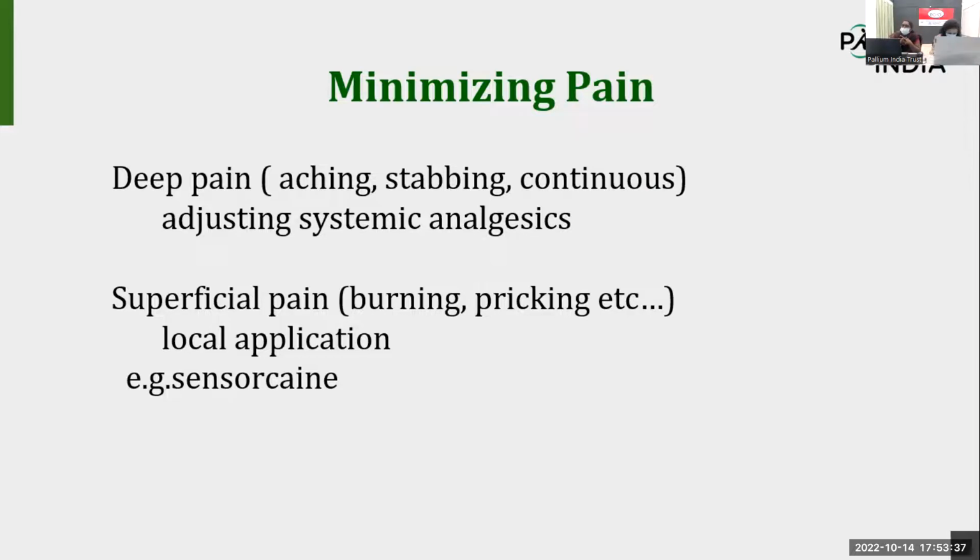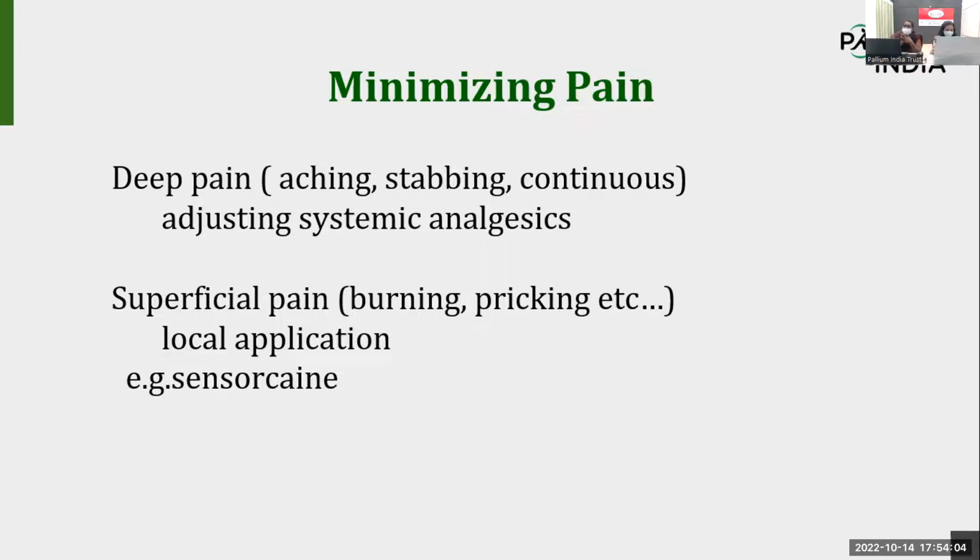In the pain sessions, you learned about nociceptive pain and neuropathic pain. Here also, if there is nociceptive pain, like deep pain, systemic analgesics will help. For example, if they are on morphine and develop breakthrough pain in between, you can give an additional dose, and that way we can manage it.